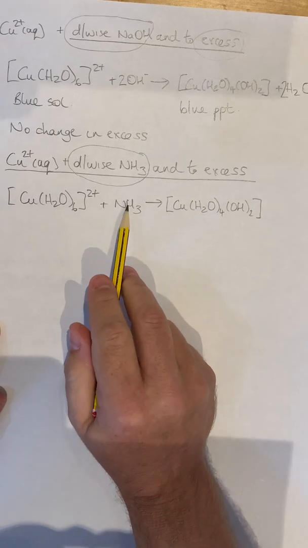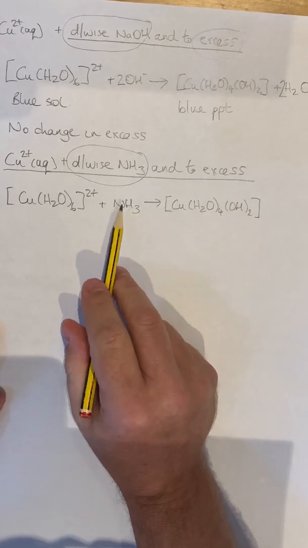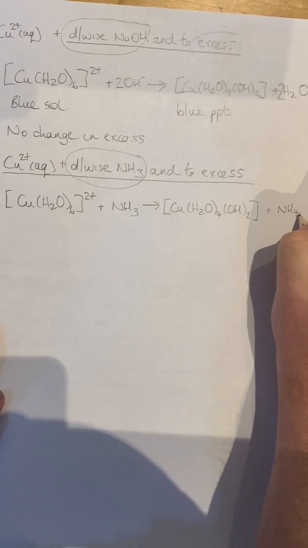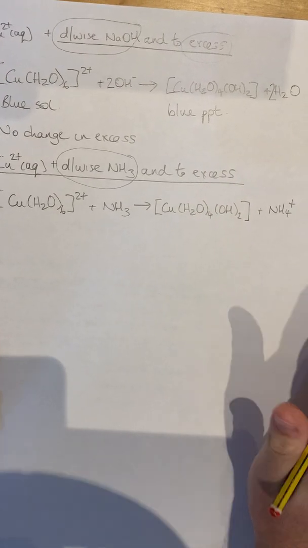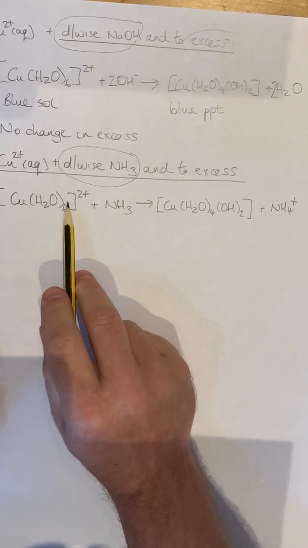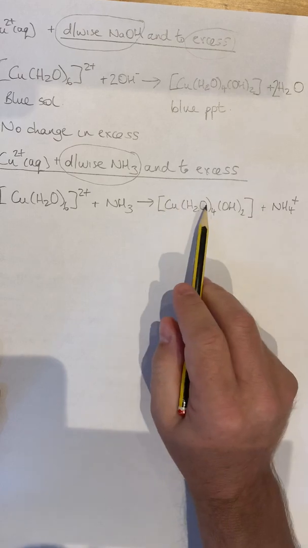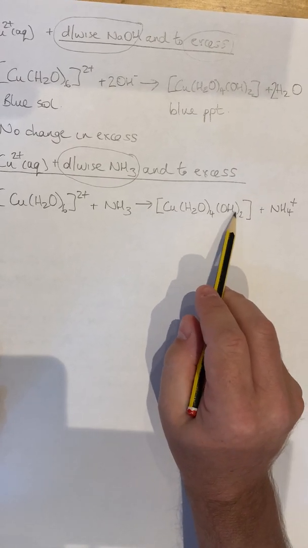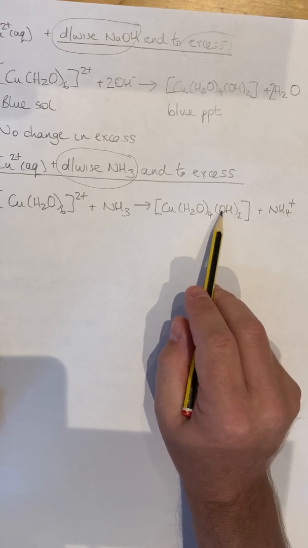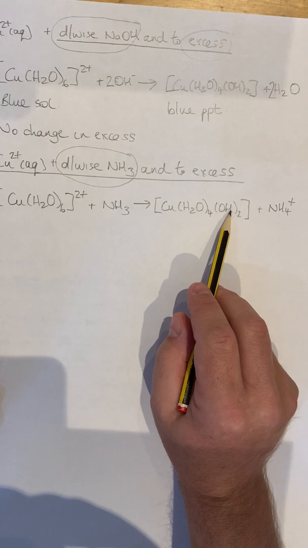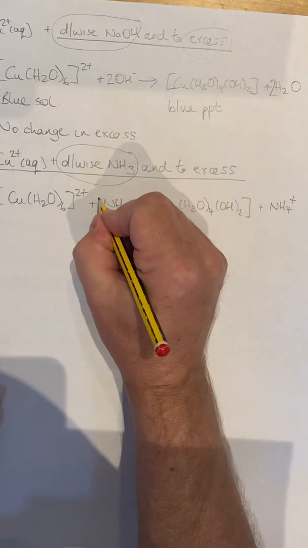This time, because it's ammonia, and it's ammonia that picks up the H pluses, it forms NH4 plus. Make sure you can see that. To go from 6 waters to 4 waters and 2 hydroxides means we've lost 2 H pluses off the water ligands to form the OH minus ligands here. So therefore, to gain the 2 H pluses, we'd need 2 ammonias, and we'd form 2 of those.